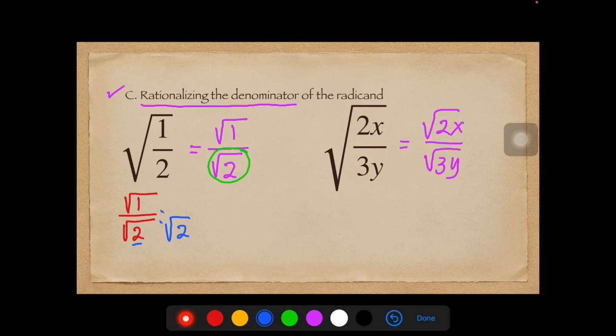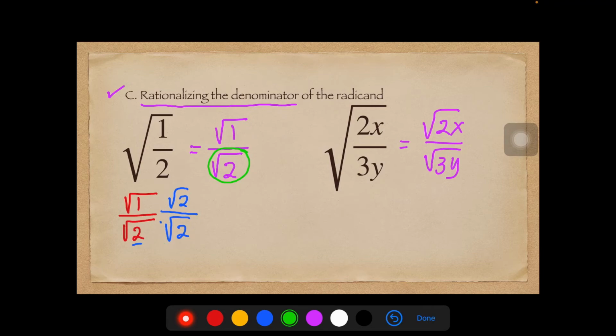What we multiply in the denominator should also be multiplied in the numerator so that we are not changing the value, because we have just multiplied by 1, since square root of 2 over square root of 2 is equivalent to 1, right?